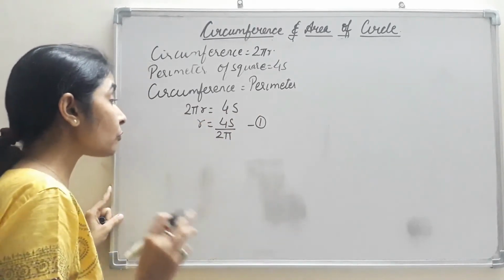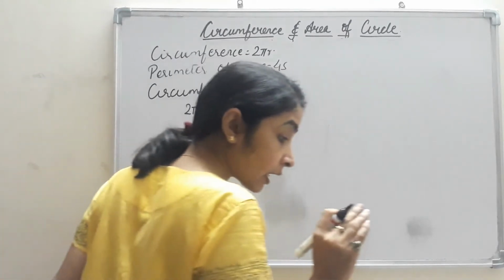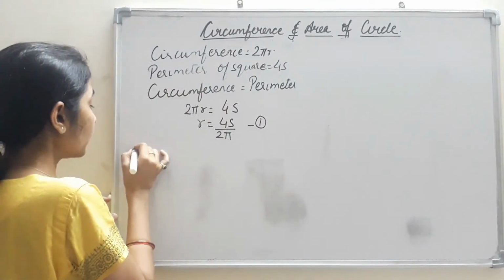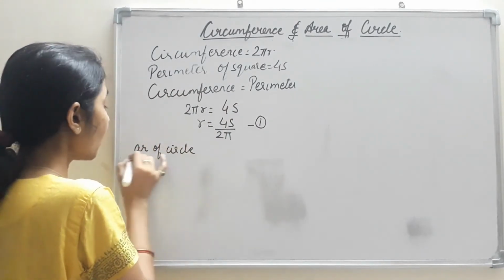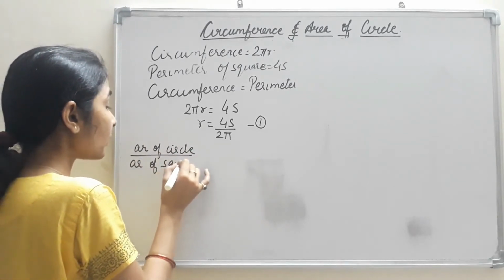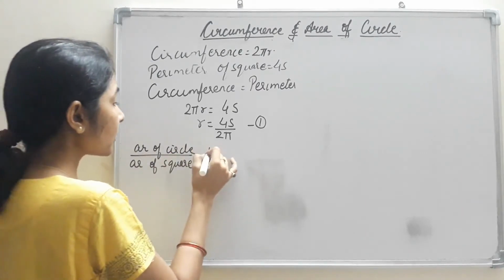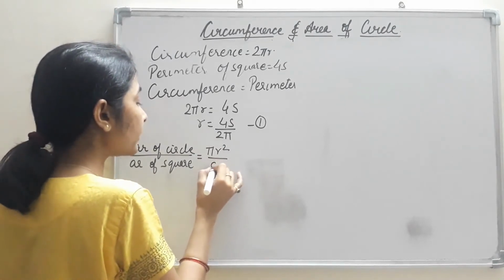Now we are supposed to find out the ratio of area of a circle upon the area of a square. First the circle is given. So area of circle upon area of square. Now what are their formulae? Area of circle is equal to pi r square and area of square is equal to side square.